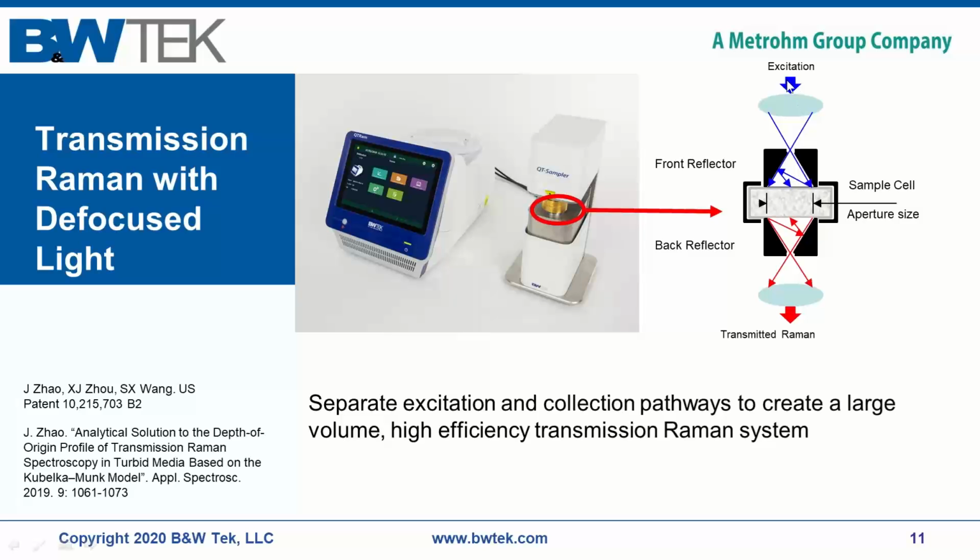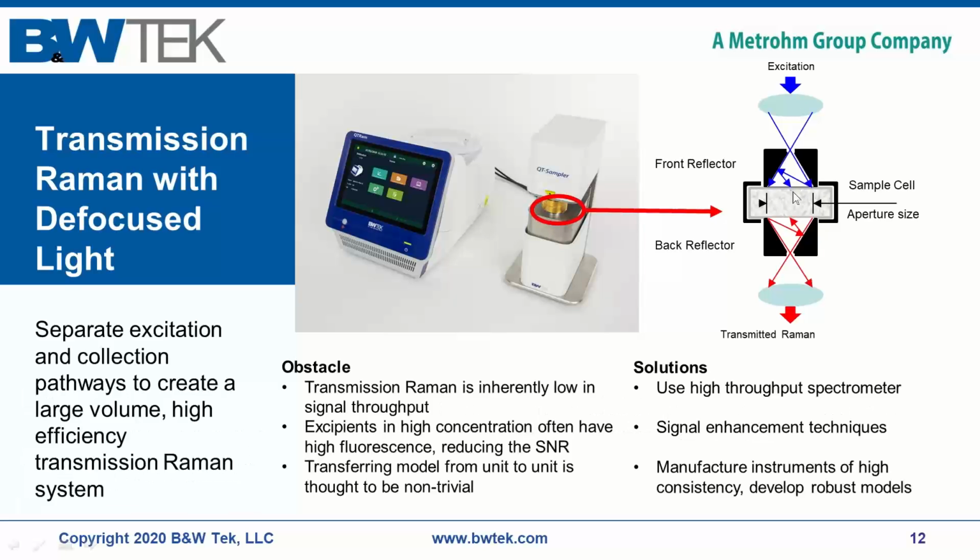So we use a high throughput system and larger fibers to get more light going in. But we also get signal enhancement by having the light that's reflecting off the sample recollected as it bounces off, and then on the collection side as well. So we're pushing as much light through and collecting as much as we can by measuring these multiple reflections.